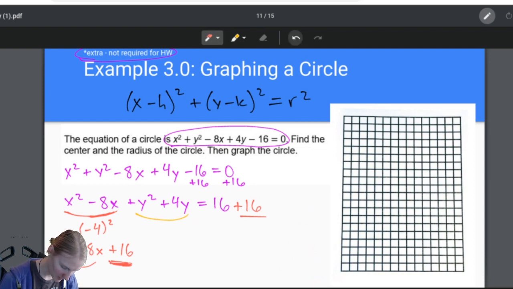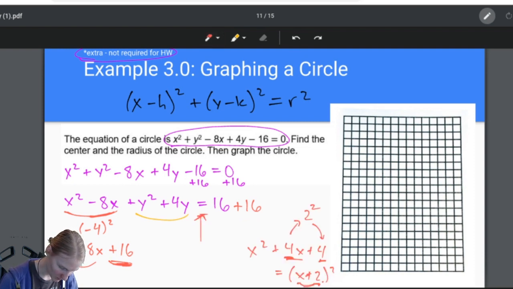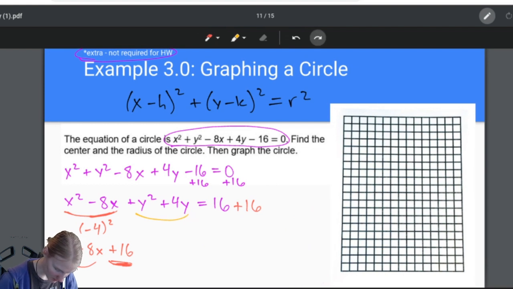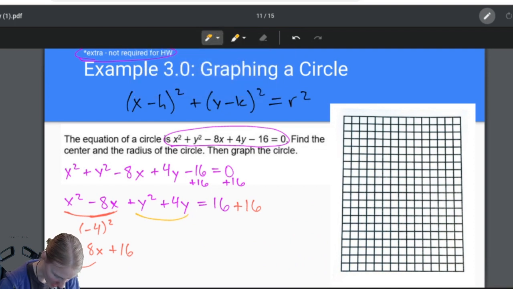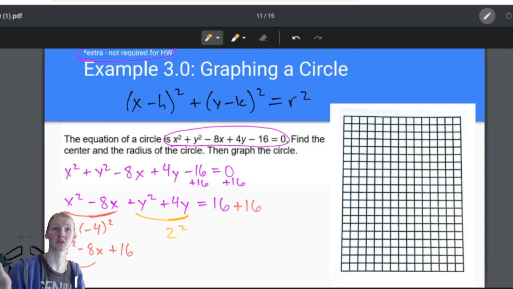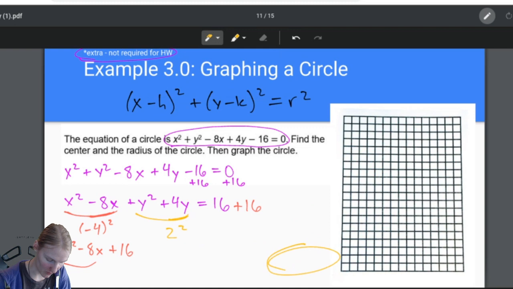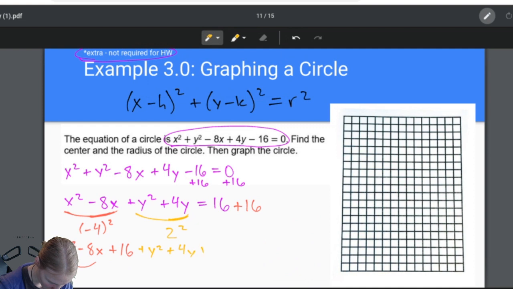Okay. Awesome. Next, we're going to do the same thing for the y's over here. I'm going to take half of the 4, which is 2, and I'm going to square it. Oh hey, that's the example we just did over here. So now I have y squared plus 4y plus this 2 squared, which is 4.